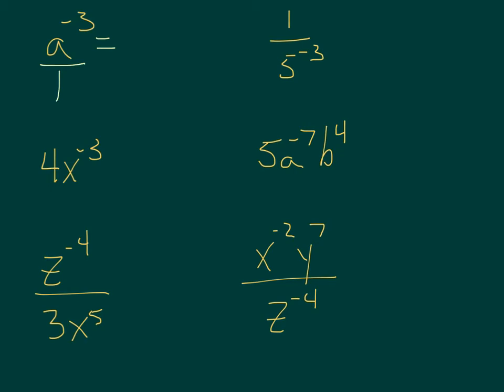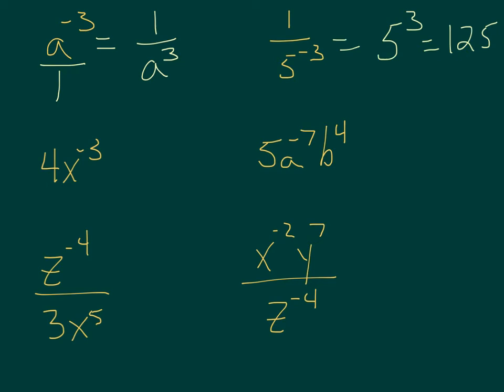So if it's not in the denominator, that means it's in the numerator. So this becomes 1 over a to the 3rd. Okay, likewise, this next problem, we have a denominator. The base of the denominator is raised to the -3rd, so that shifts it up into the numerator, 5 to the 3rd. And you can simplify that to 125.